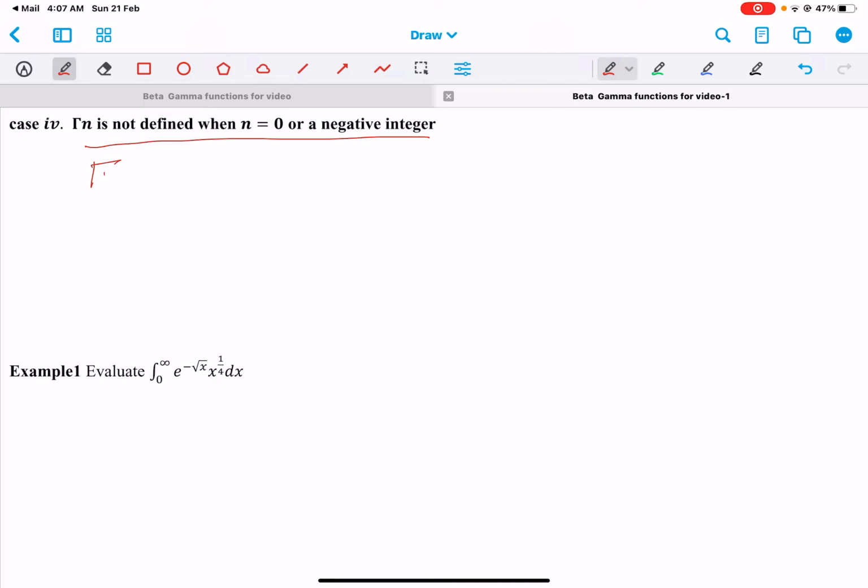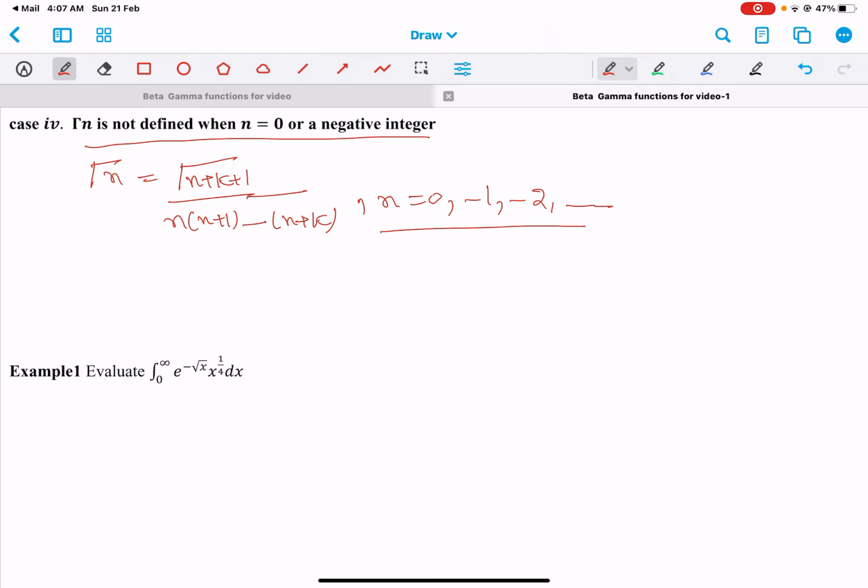So you may see that gamma n is nothing but gamma n plus k plus 1 upon n into n plus 1 up till n plus k. So for n equal to 0, minus 1, minus 2, etc., what will happen? For all these n, you will be having a 0 in the denominator.